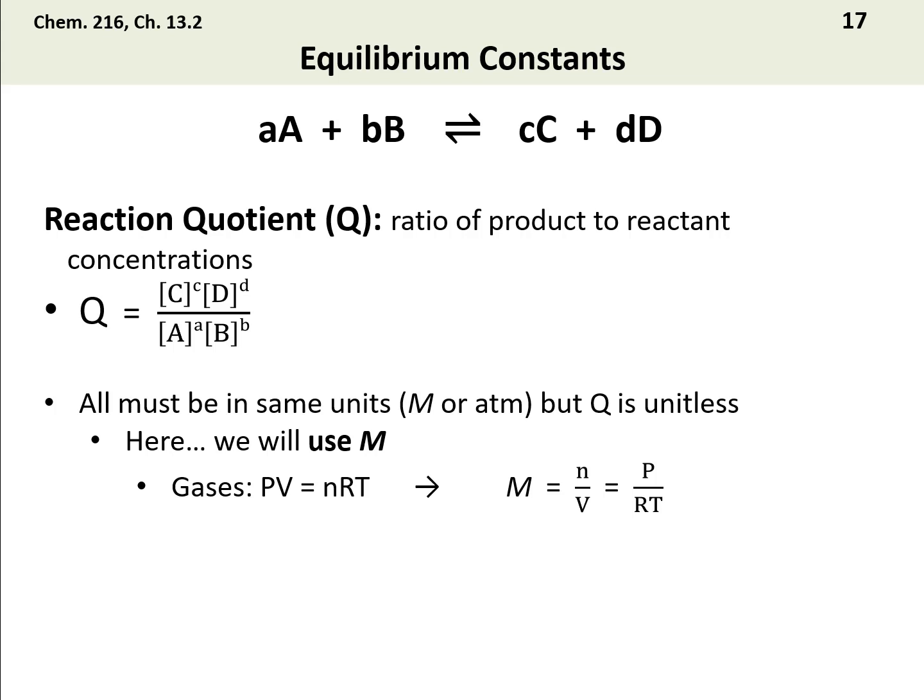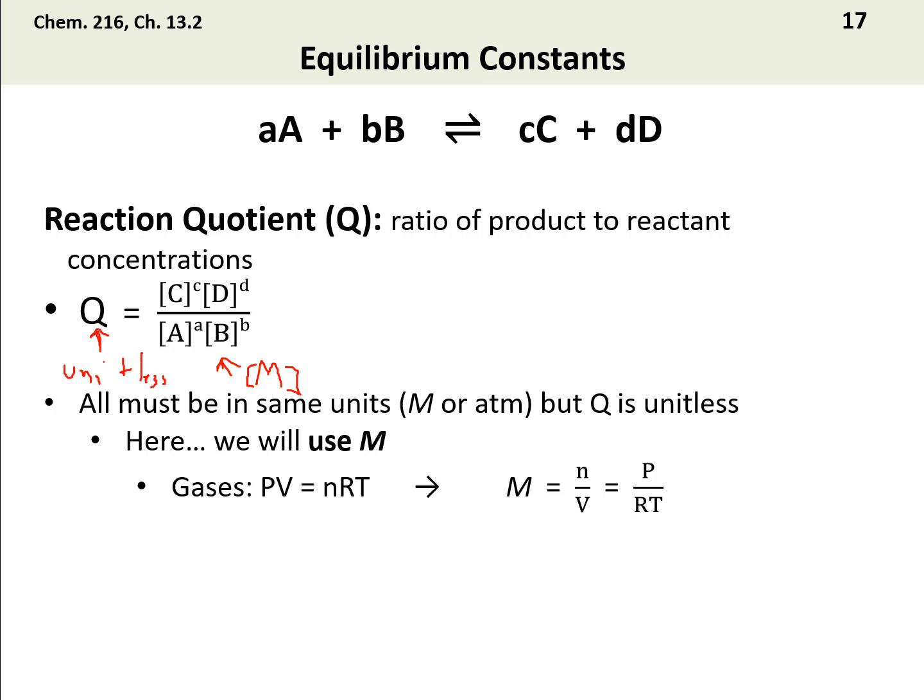But Q itself is going to be unitless. Q has no units. So I use molarity for all these, but in the end I get a unitless number.